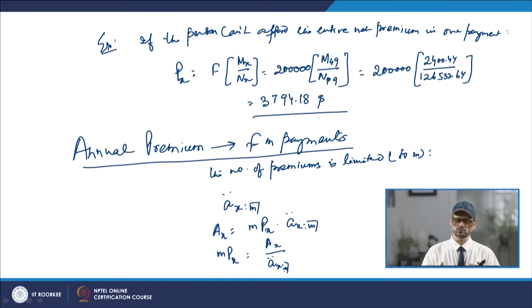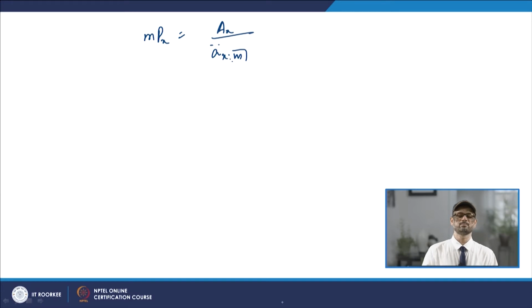So, now you have to simplify this expression. MPX equals AX upon A double dot X M, for M payments.